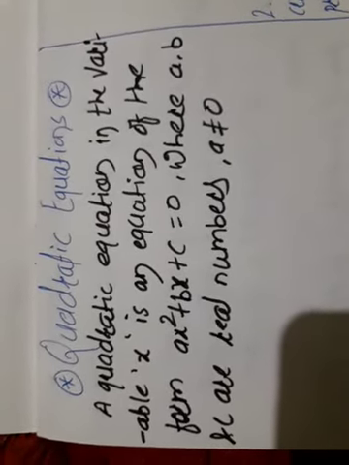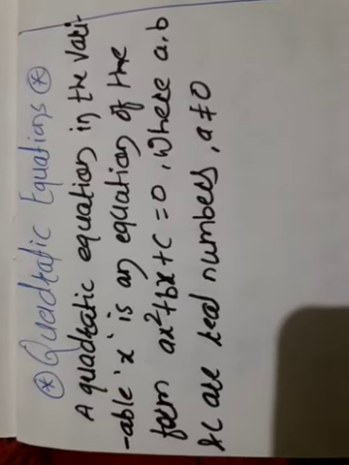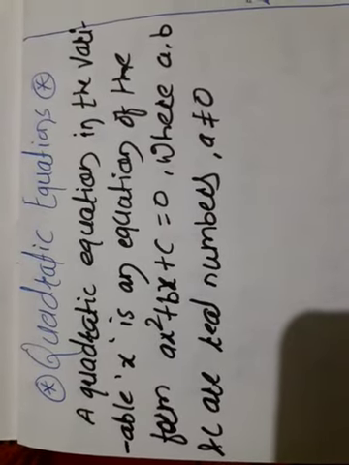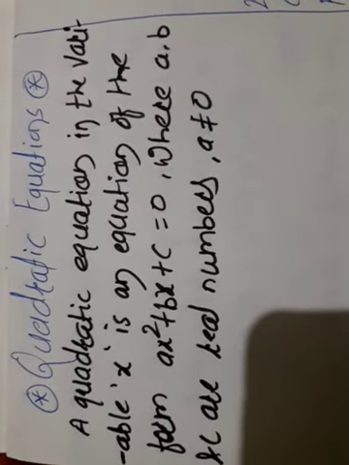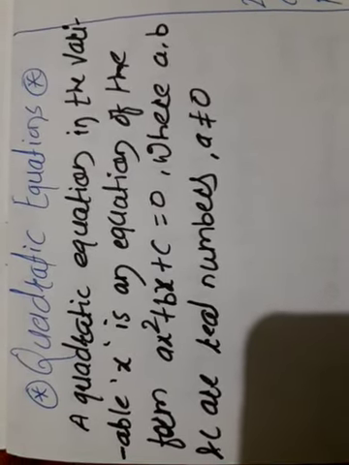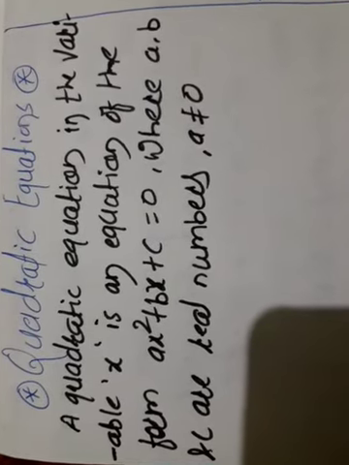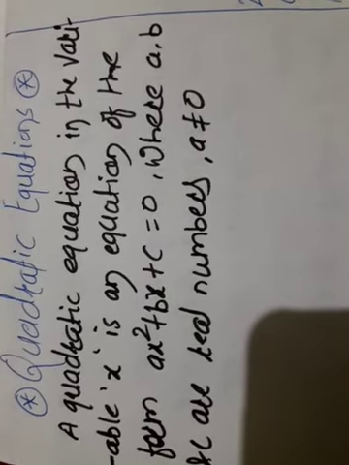Are you getting? A quadratic equation in the variable x is an equation of the form ax square plus bx plus c is equal to 0, where a, b and c are real numbers and a is not equal to 0.